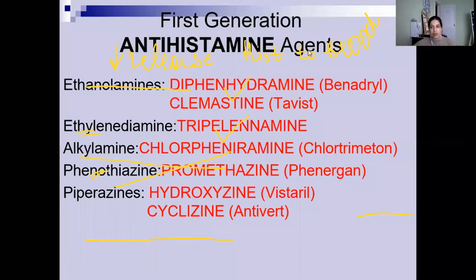So, as I already mentioned, we have first and second generation antihistamine drugs. Examples of the first group are diphenhydramine, chloropyramine, clemastine, and so on.